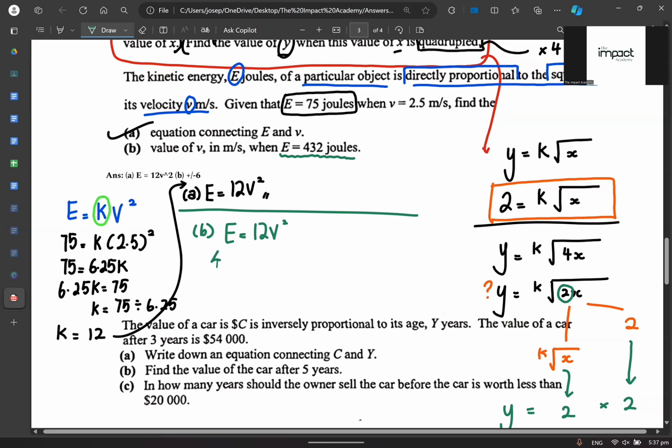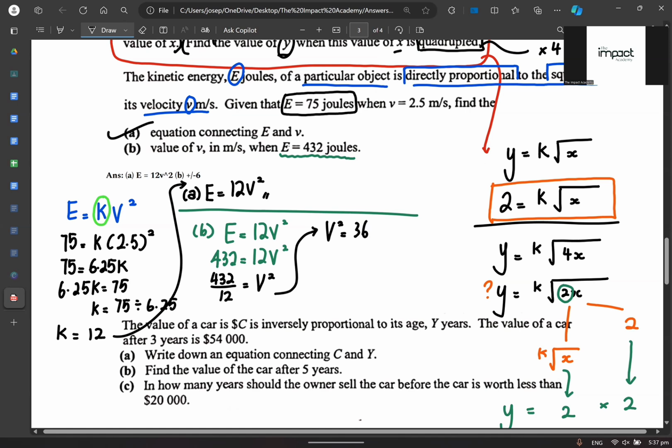So you just put 432 over here is equals to 12 V squared. Make sense? Remove the 12. How do you remove the 12? So V squared is actually equals to 432 divided by 12. We get to an answer of 36.